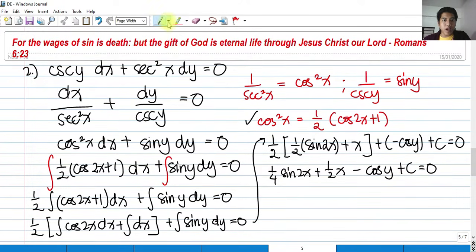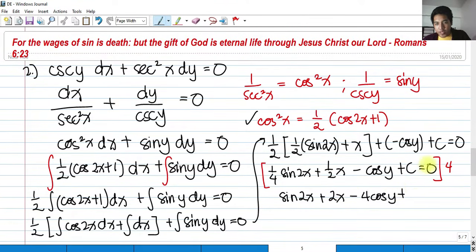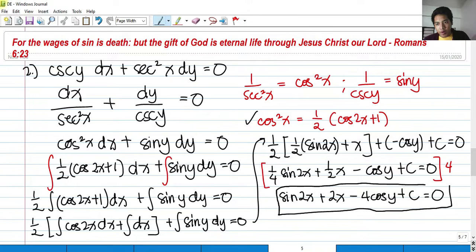So if we multiply both sides of the equation by 4, we have sine of 2x, 4 divided by 2 here. So we have plus 2x minus 4 cosine of y plus 4 times c, still c, is equal to 0. So this should be our final answer for this variable separable problem.